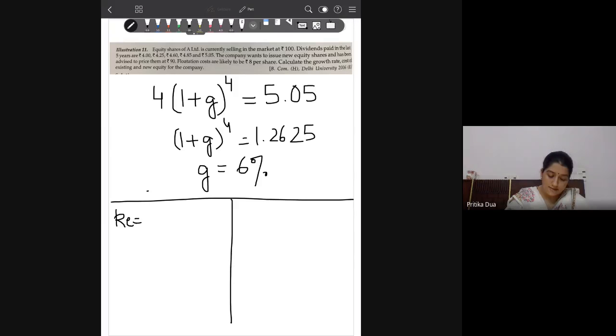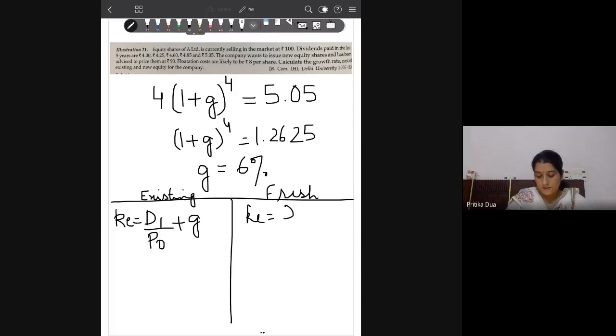Okay, moving back. When we have to calculate the cost of existing equity, the formula is D1 by P0 plus G, and for fresh equity it will be D1 by net proceeds plus G. Now in the question you are given the growth rate and the past dividend. So to calculate D1, what will we do? We will add 6% to the last declared dividend.